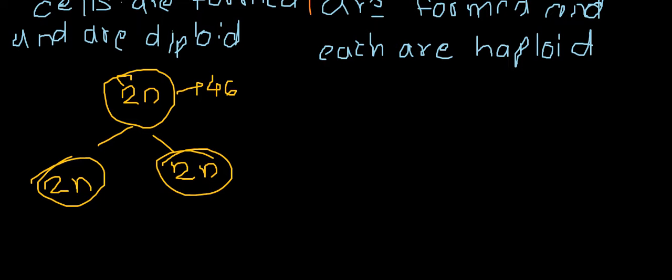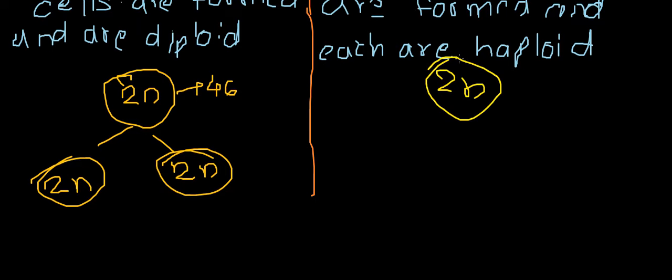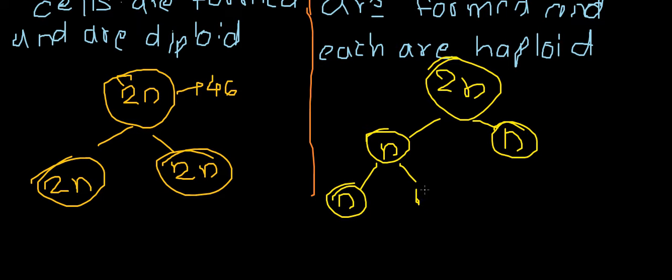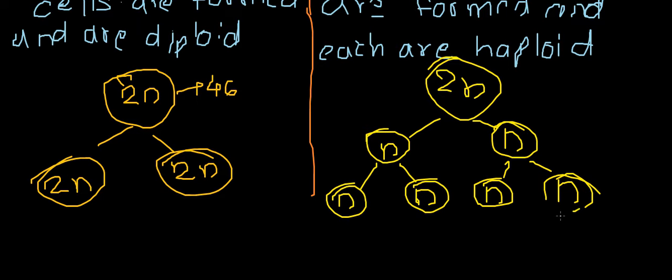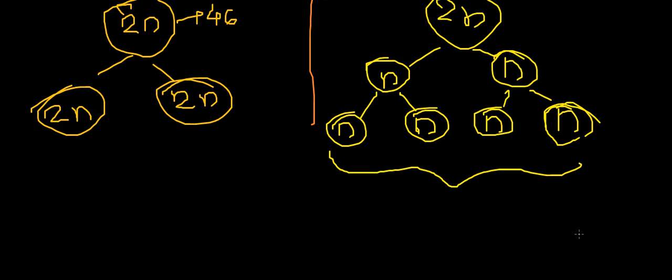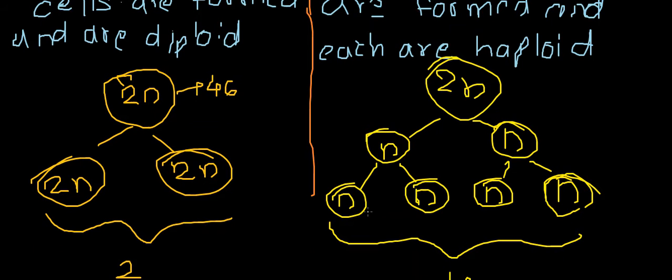But if that cell goes through meiosis, first it will form two haploid cells, and then again two more haploid cells. So in total here we have four cells, each haploid, and here we have two cells, each diploid.